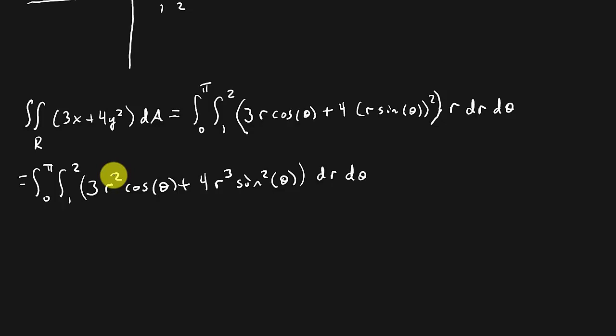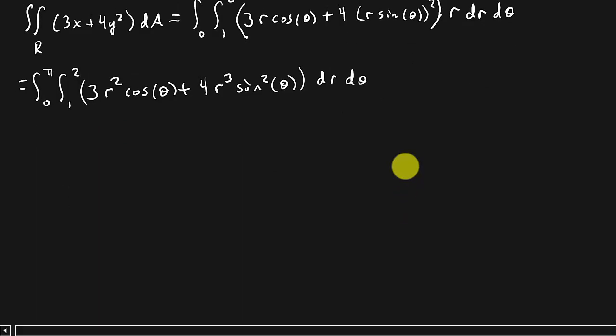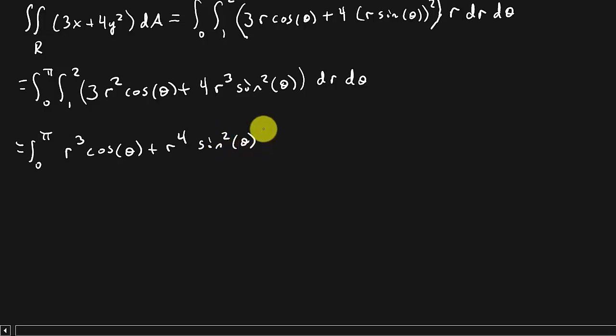All right, so let's see what we've got. We've got to integrate with respect to r first. So this is 0 to pi, and the antiderivative of 3r squared is r cubed cosine theta plus r to the 4th sine squared theta, going from 1 to 2, d theta.